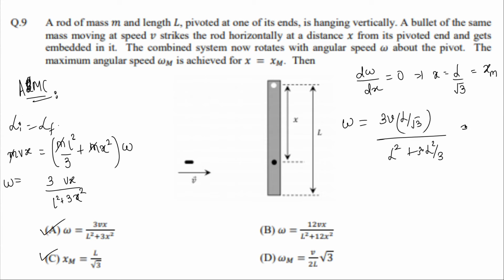So it is root 3 v by 2L. Okay, so A, C, D are correct options for this question. Very easy question, not a tougher one. When I'll be teaching you rotational motion, we'll be doing many problems on this concept only. Many means around 2 to 3 problems definitely on this concept.